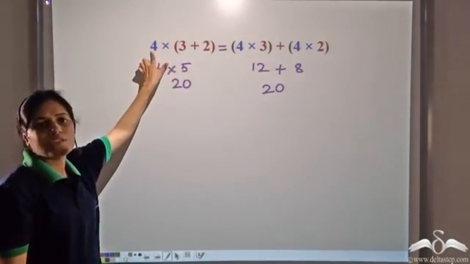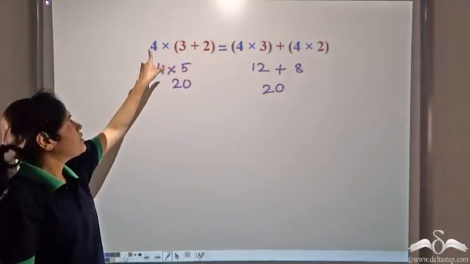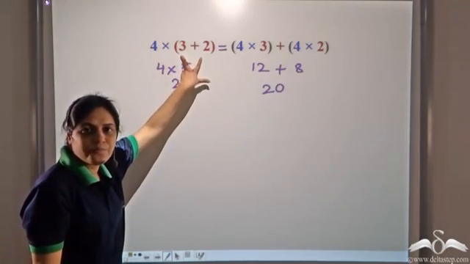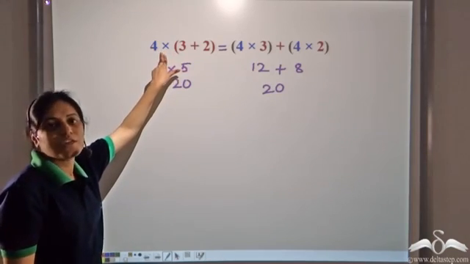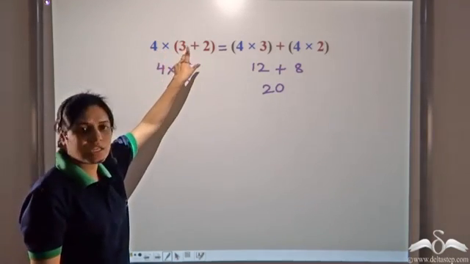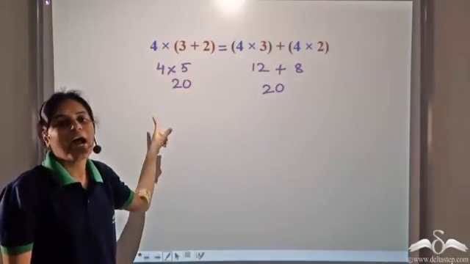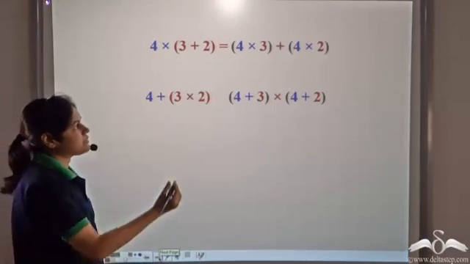Here 4 is being distributed over 3 and 2. 4 is being multiplied with this expression. So it is equivalent to multiplying 4 with 3 and multiplying 4 with 2 and then adding it.